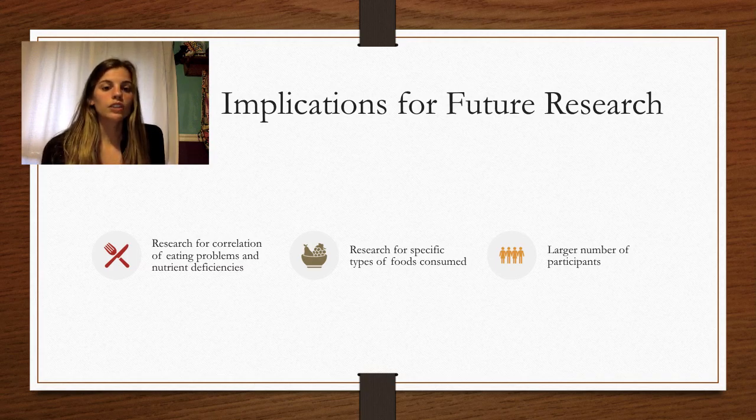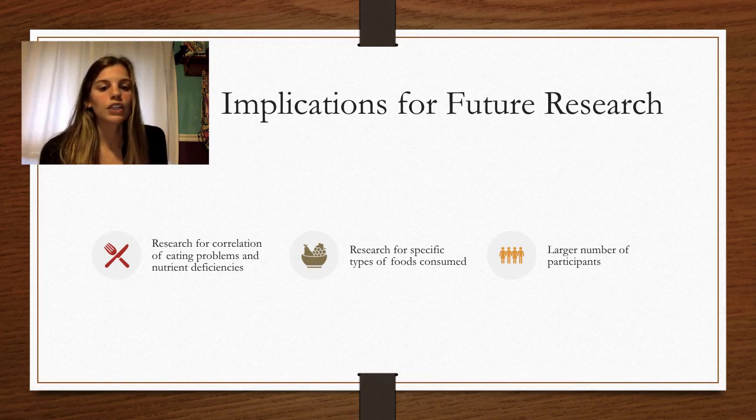Another implication is to have more research on the specific types of food children with autism selectively consume. There are some articles that I found that identified specific types of foods these children commonly do not eat, but it would be helpful to know so we can better understand why these deficiencies are occurring and what foods need to be supplemented in order to reverse these deficiencies.